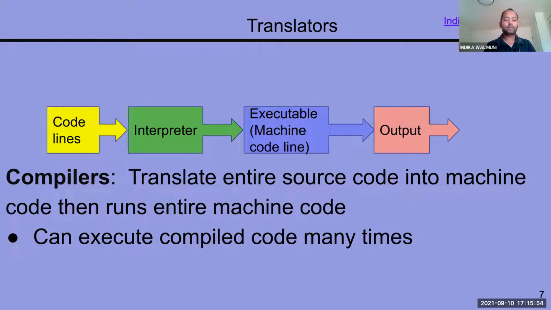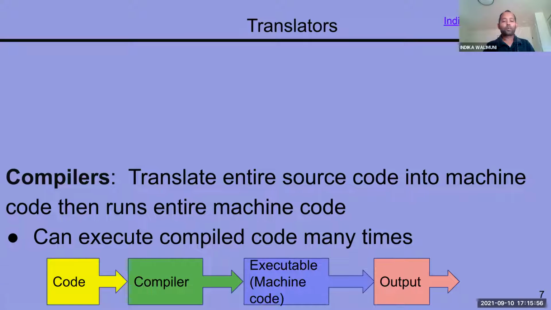So here is the diagram for compiling. We have the code file, which is in text format, the source code. We have the compiler, and it creates the executable machine code file. We sometimes call it object code or executable code, and we get the output.